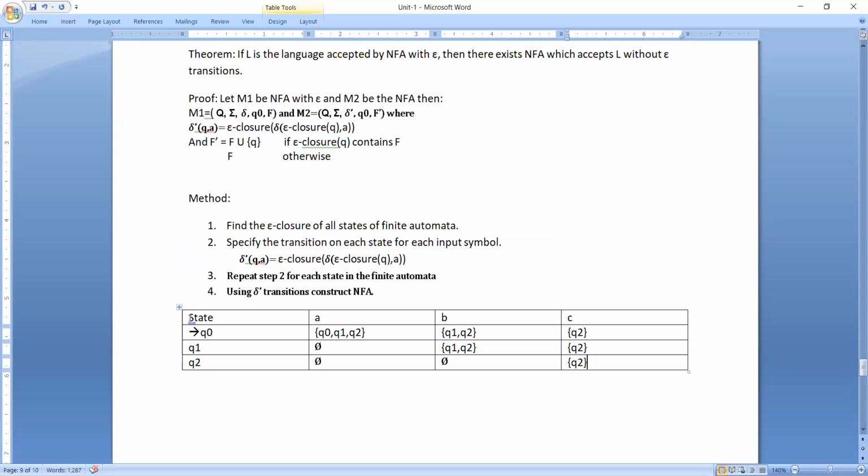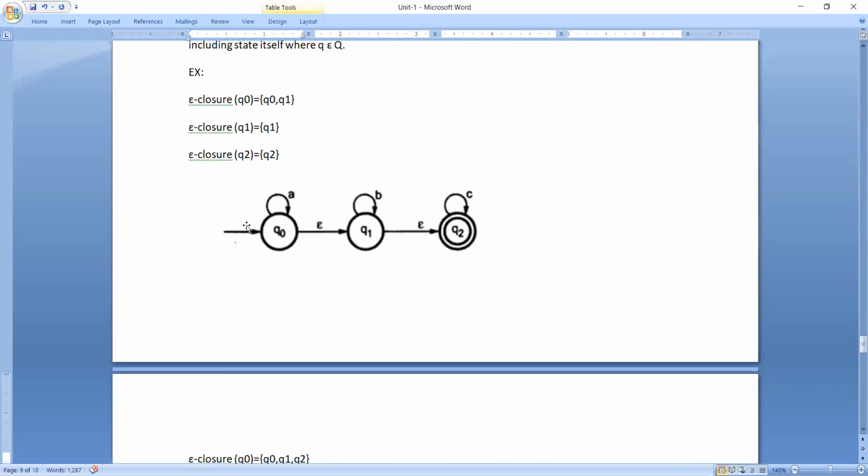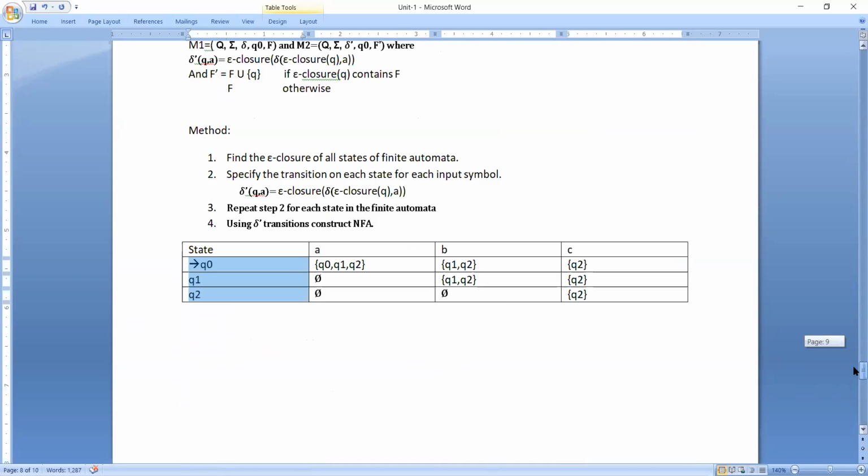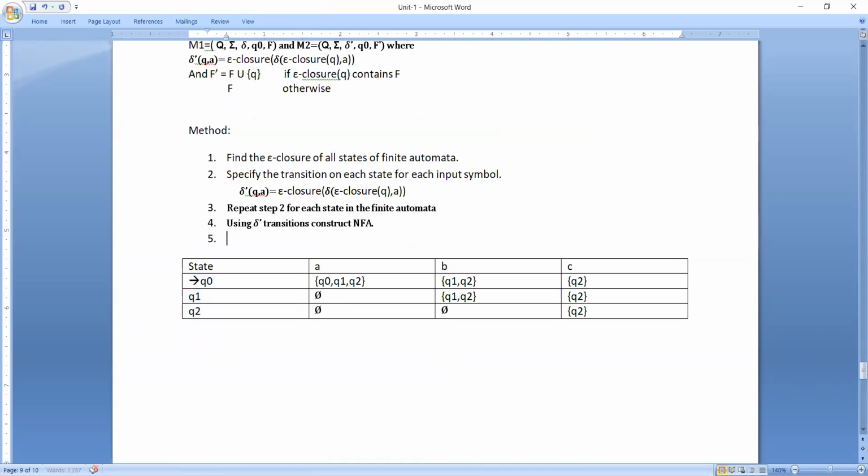Now once we have got this, please check here. We got the same states Q0, Q1 and Q2, which are there in our NFA epsilon also. This is our NFA epsilon. In this NFA epsilon also we got Q0, Q1 and Q2, and in our NFA also. So this is our resultant NFA.